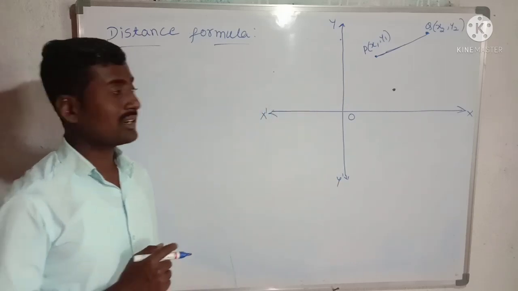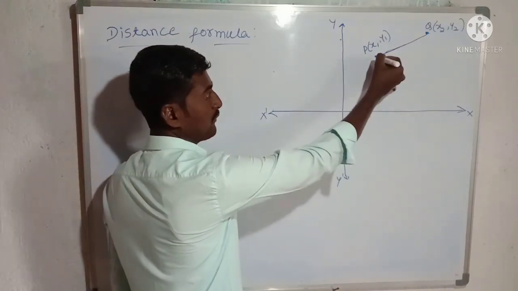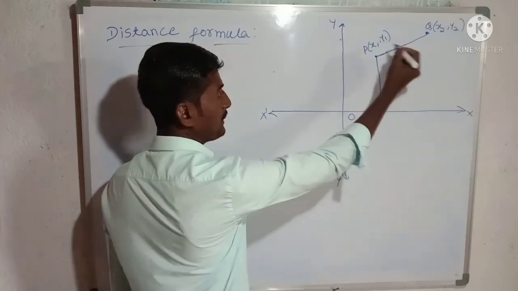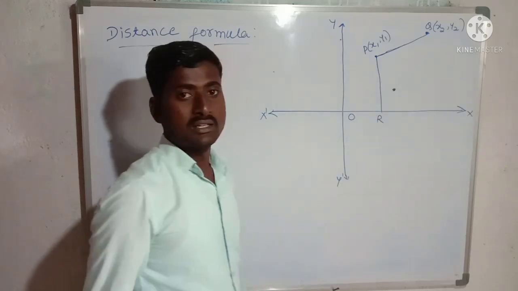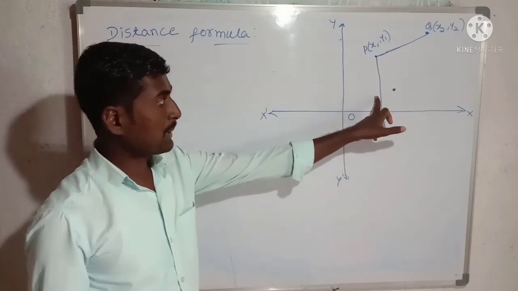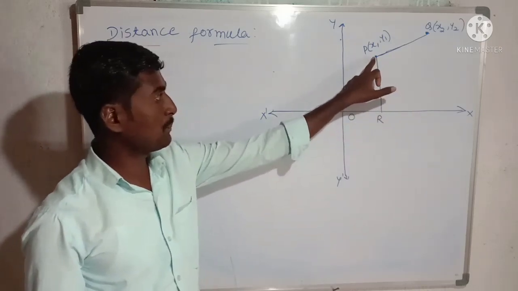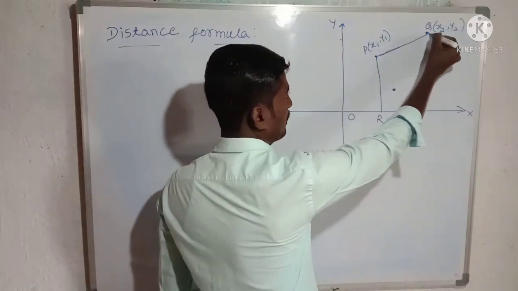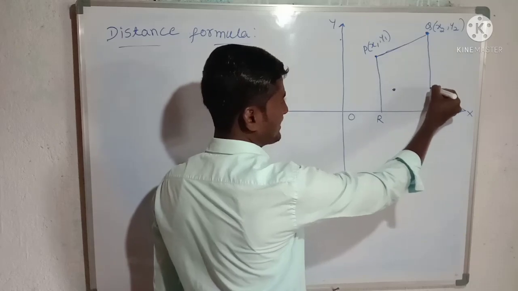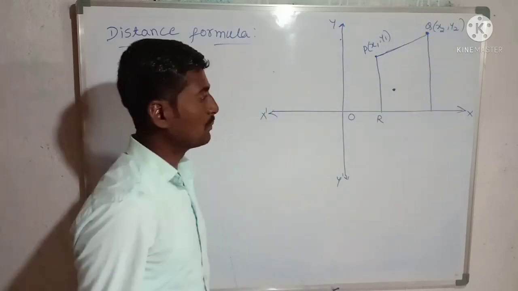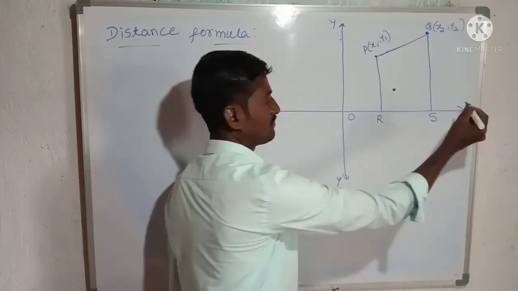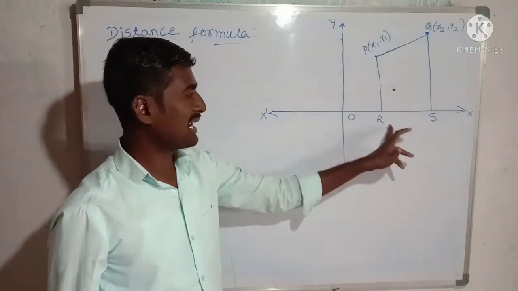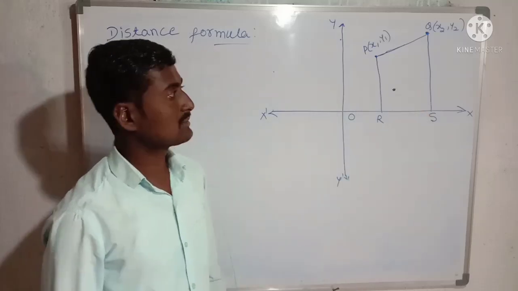Now let us draw the perpendiculars from the point P to the x-axis. I will take the foot as R. Draw the line perpendicular to the x-axis from the point P. That is PR. Now draw one more line, again perpendicular to the same x-axis, from the point Q. I will take it as QS. QS is perpendicular to the x-axis. PR is also perpendicular to the x-axis.